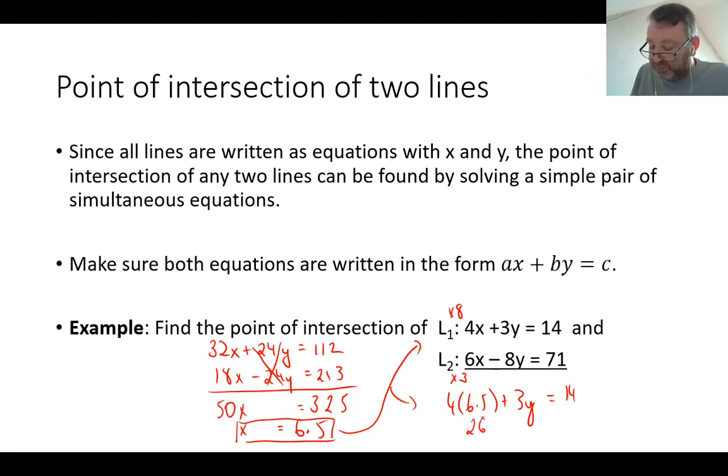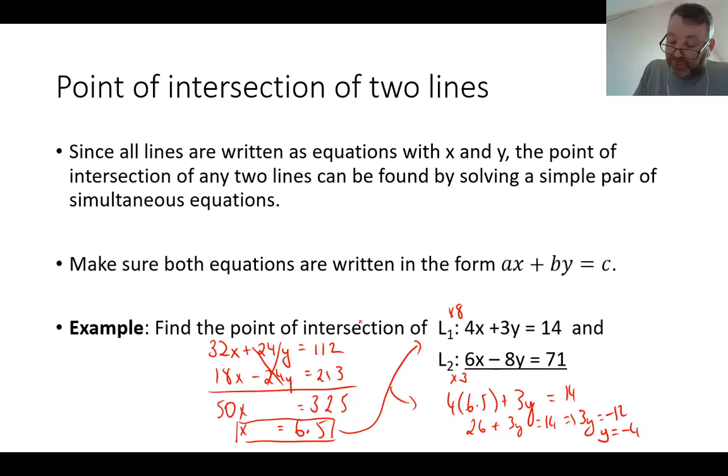Okay, you should do these things in your head. Plus 3y equals 14. Now, bring the 26 over to the 14. 3y is equal to 14 minus 26. And 14 minus 26, I just don't want to make any mistakes, is minus 12. Lovely. That means y is minus 4.